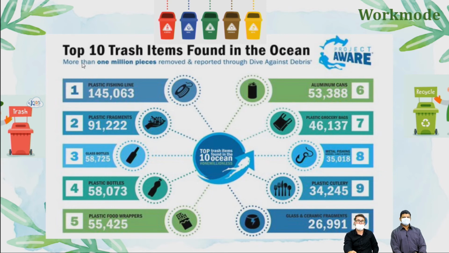And here you see the amount. Okay, and this amount is only the trash that was removed and reported by one of the eco organizations. This does not tell you the number that is already in the ocean that we don't know where it is and we cannot remove.